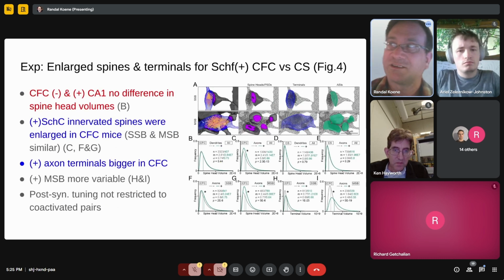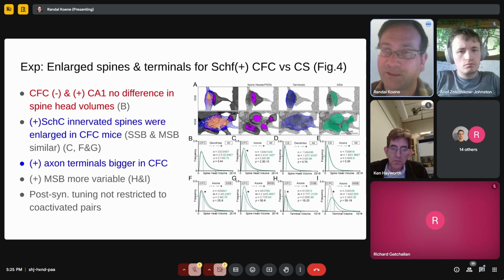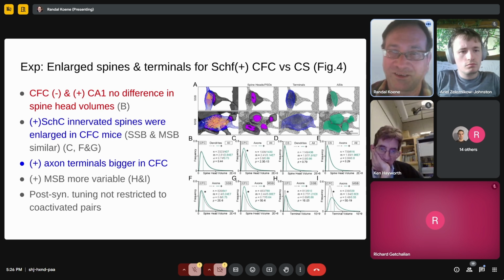Okay, they then went on to looking more carefully at spines and terminals for these Schaffer collaterals, the plus Schaffer collaterals in CFC versus CS. They extrapolated synaptic weights by plotting log-normal distributions of spine head and nerve terminal volumes. Spines become enlarged during long-term potentiation and shrink during long-term depression.